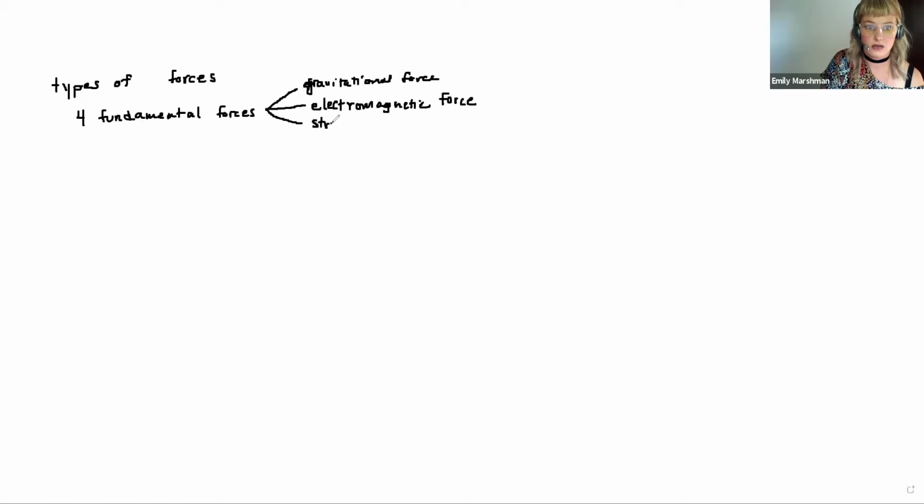Strong nuclear force. This has to do with the forces that keep all of those protons in the center of the atom together, and the weak nuclear force. The weak nuclear force has to do with the decay of certain atoms. We won't get into that much in this course.